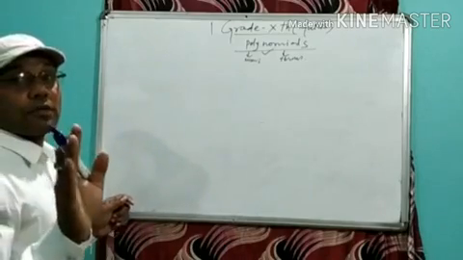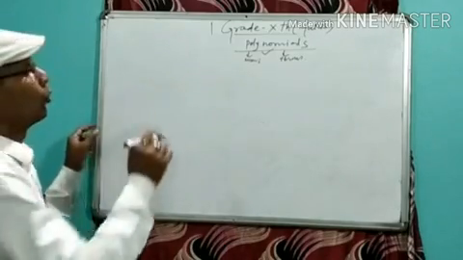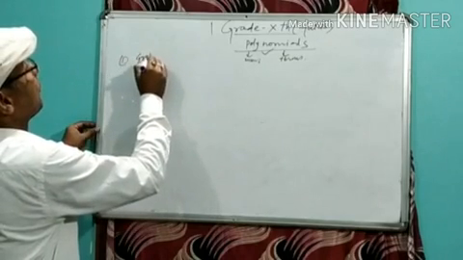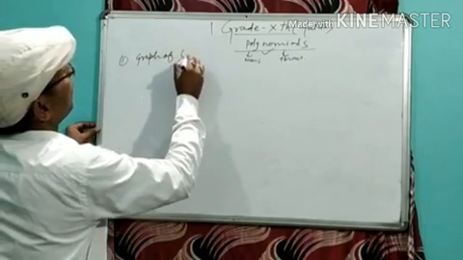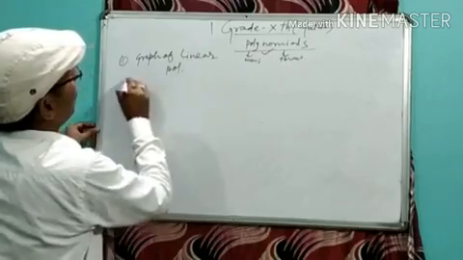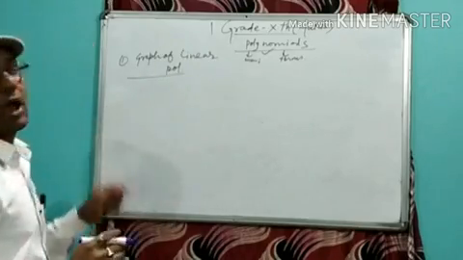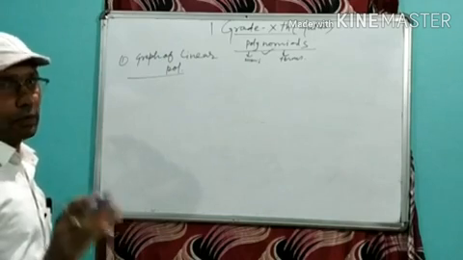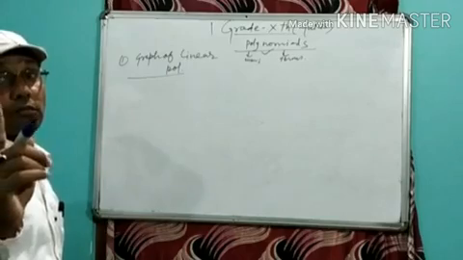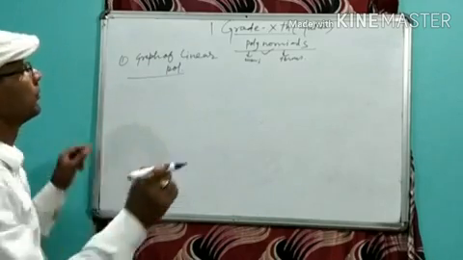Now we will discuss the graph of a linear polynomial. Which type of graph will a linear polynomial have? Certainly, it has a straight line graph.